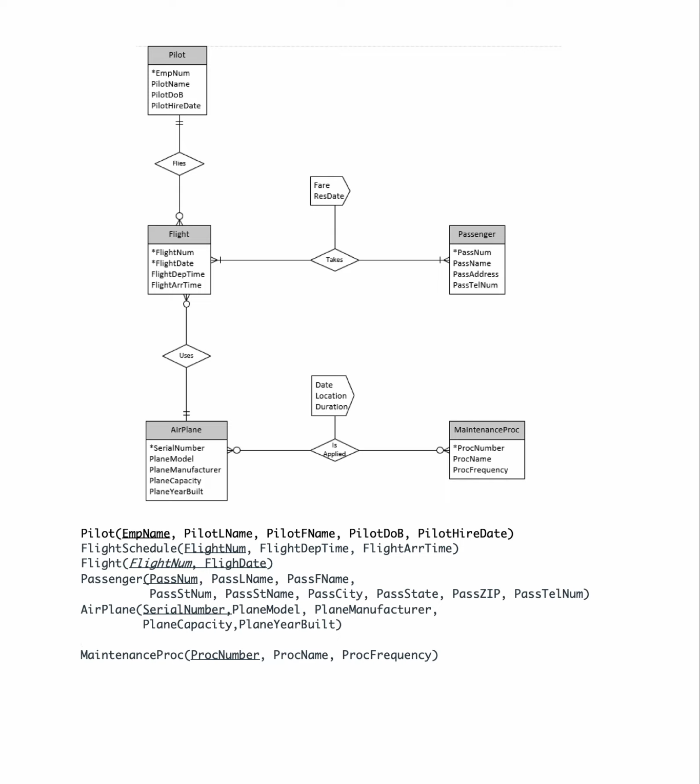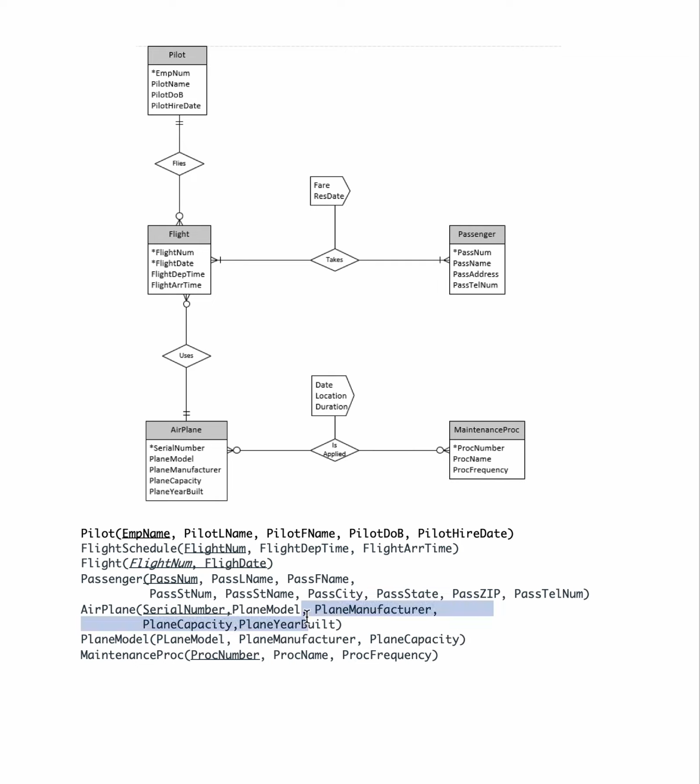So we have plane and plane model. Plane model will have as its primary key plane model, and as attributes plane manufacturer and plane capacity.